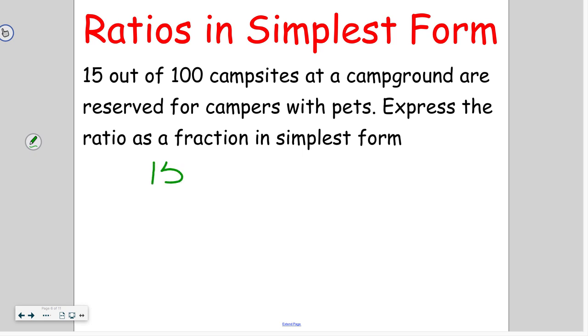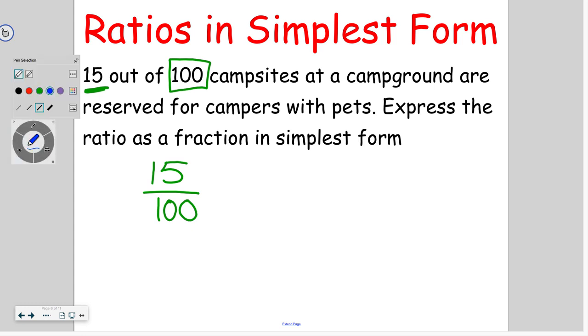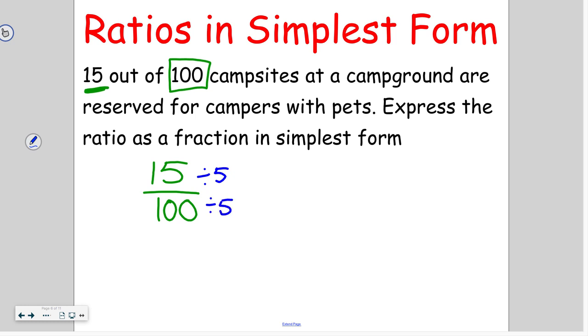So we've got 15 out of 20. When you are converting from a word problem to an actual numerical value, this first number is always going to be in your numerator, and your second number is going to become the denominator of your ratio. Then it asks us to simplify this. Both of these can be divided by 5, so we end up with 3 out of 20.